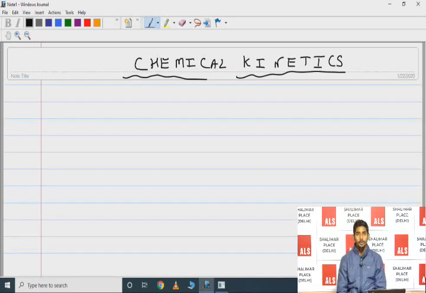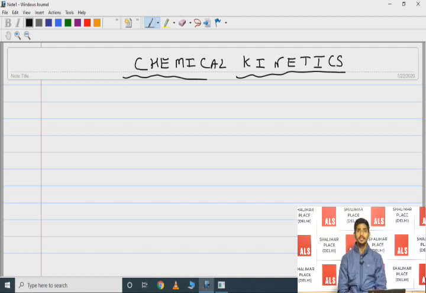So all those changes in chemical reactions with respect to time we have to discuss in this chapter, and how we can categorize the reactions into different parts, or what are the factors that can affect the rate of reaction.